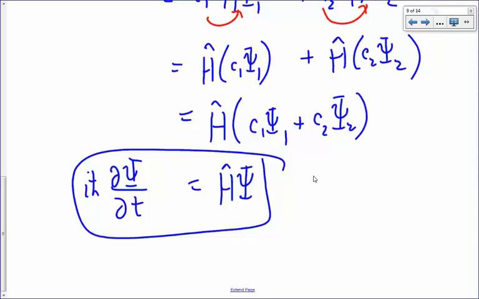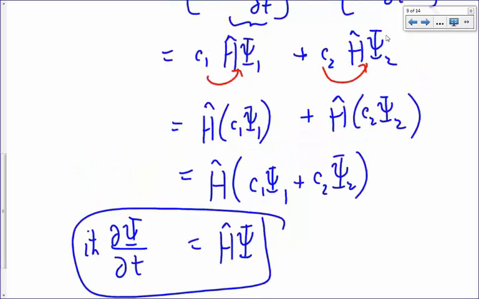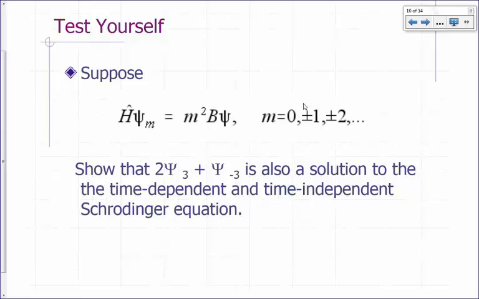It just so happens that if that linear combination involves non-degenerate stationary states, then it will not have a well-defined energy. If you make a measurement, there's a probability you might get the energy corresponding to psi 1, or there's a finite probability that you might get the energy corresponding to psi 2, and so on.